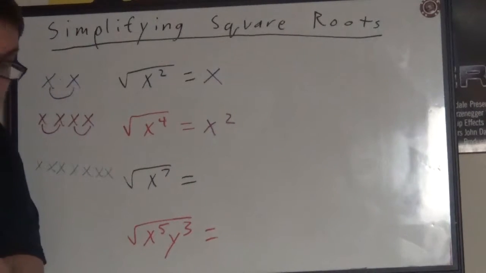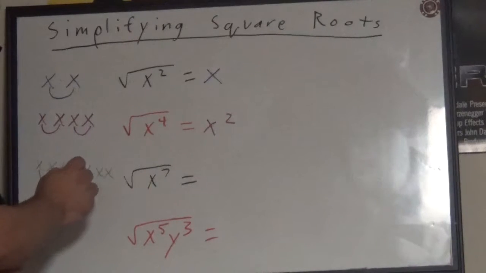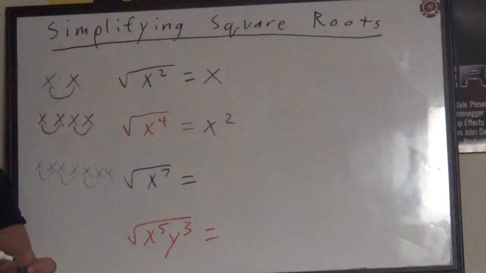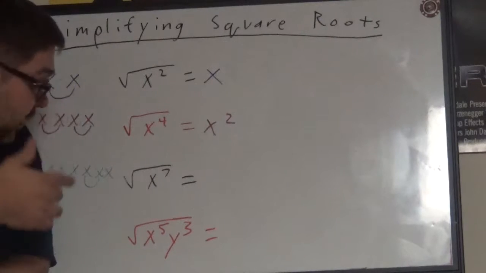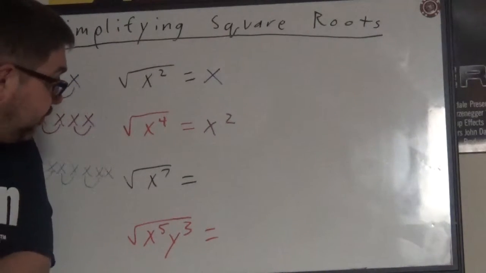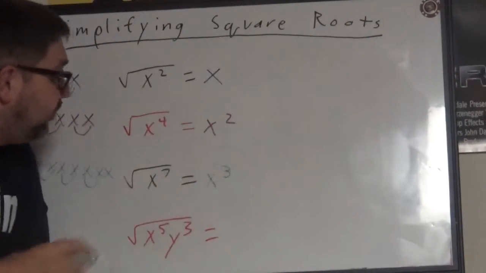And I'm going to group them by 2's again. 1, 2, 3. Oh, but we have one left over, of course. Well, what about when we have one left over? Again, I'm going to count my smiley faces. I have 3 of them. I'm going to make x to the 3rd.